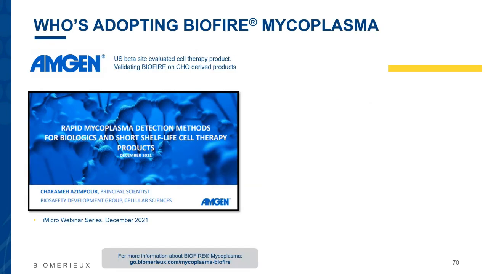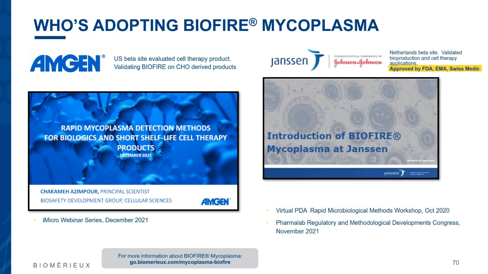And we now have adopters of the BioFire mycoplasma. Some of these have been publicly communicated. Amgen uses the BioFire mycoplasma for CHO-derived products. Johnson & Johnson already has some approvals to use the BioFire technology for the release of products.